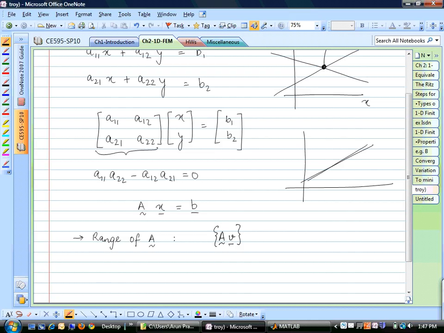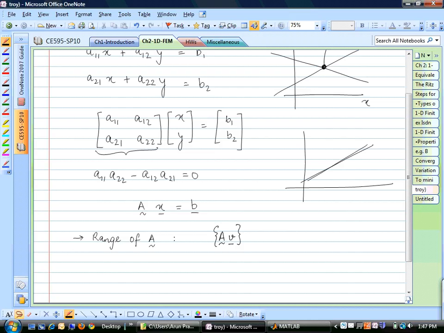If you take any vector and multiply it with the matrix, you get another vector, and the collection of all such possible vectors is called the range space of that matrix.